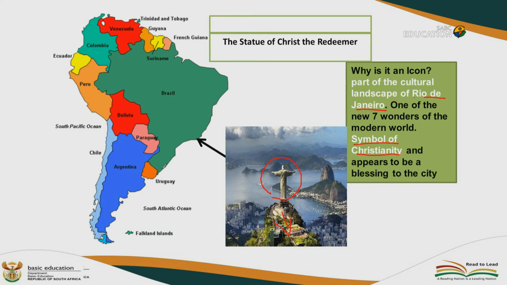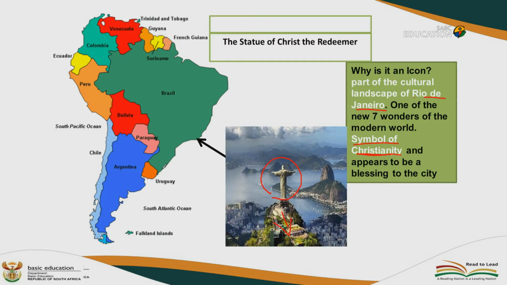It's a symbol of Christianity. It's a simple one. It talks about the statue of Christ the Redeemer. From the word Redeemer, the Christians, and it appears to be a blessing to the city.